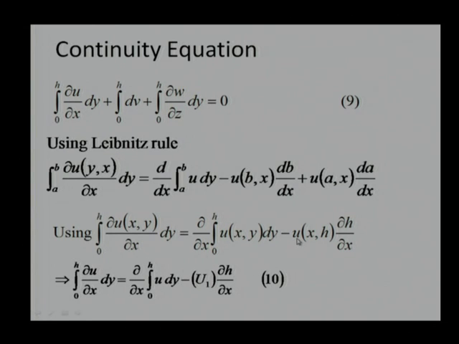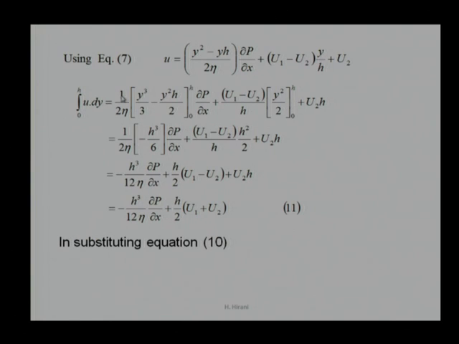We know u at the value of h is a boundary condition, that is u 1. This is a gradient term and there is an integration term. We can substitute this, and there was another term, the integration of u with respect to y from 0 to h. When we integrate this term, what do we get?